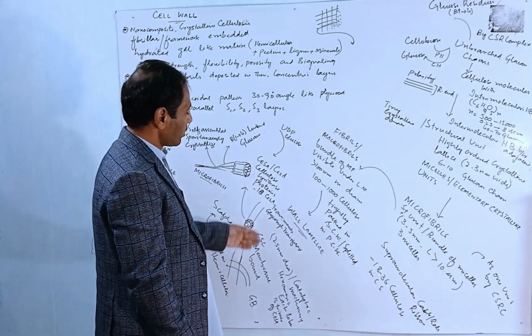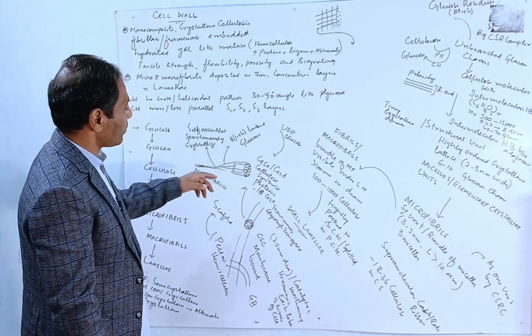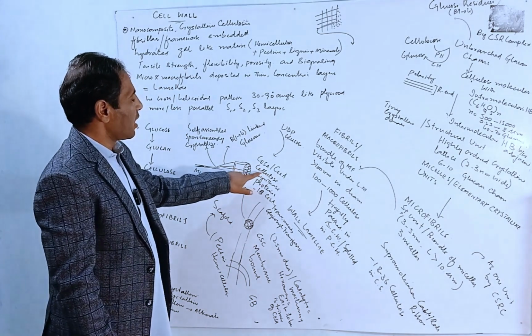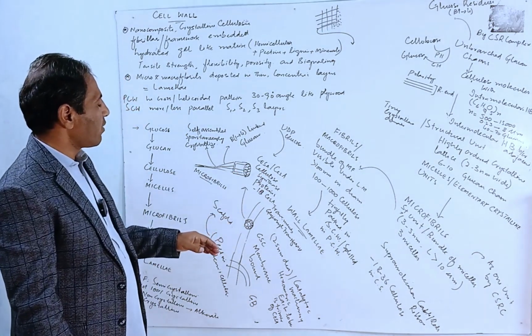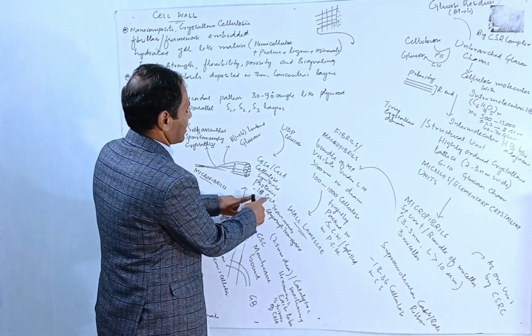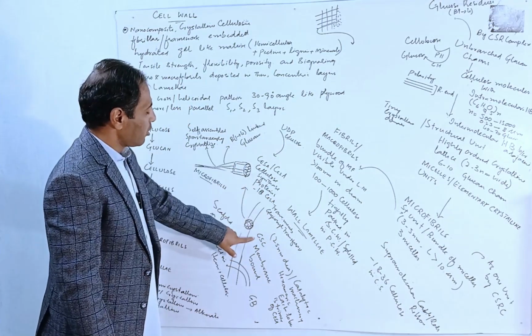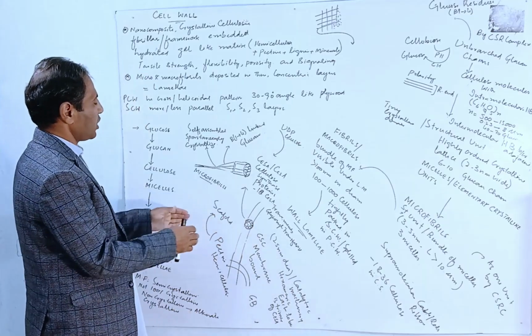Each trimer contains three of the CesA or cellulose synthase proteins, and we have 18 CesA in the cellulose synthase complex machinery.